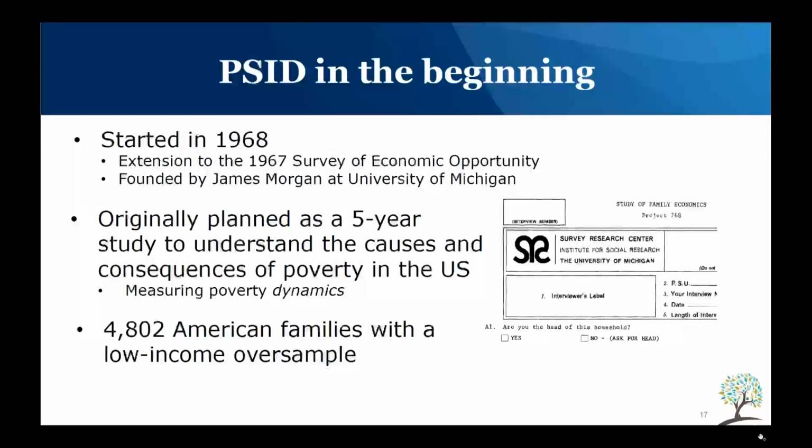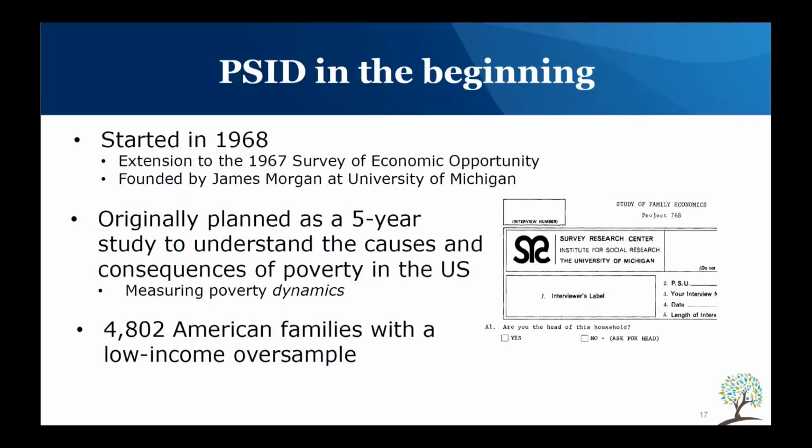So as I said, the PSID started in 1968, and it was founded at the University of Michigan by James Morgan. It came out of the Survey of Economic Opportunity, which was a study that was looking at an oversample of Black families and families who were vacillating around the poverty line at that time.